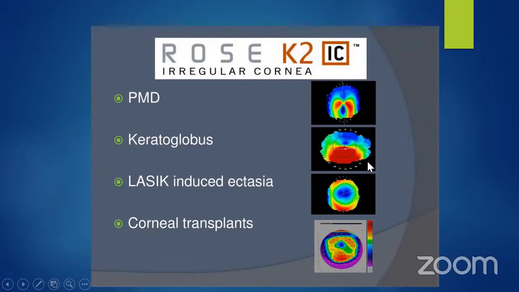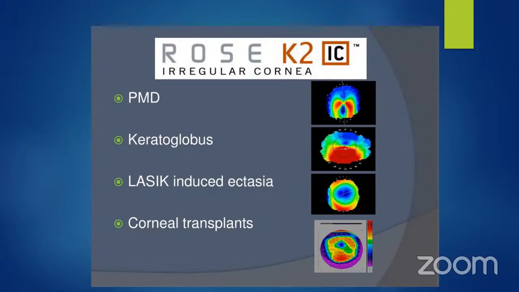Keratoglobus is overall like that. And this flattening, right in the center, with a thinner cornea in the center. Usually the center should be steeper, right? The moment you see the center going deep blue, you have to think about whether a procedure has happened.